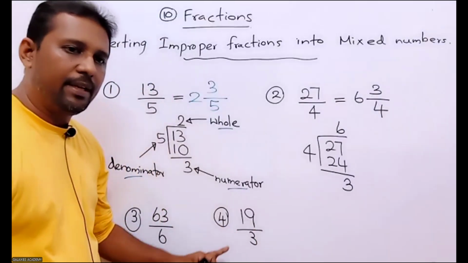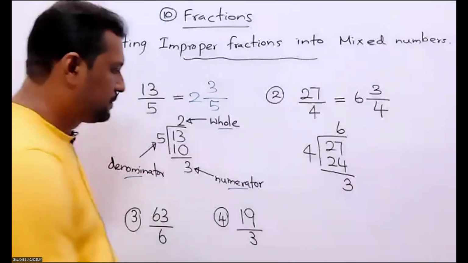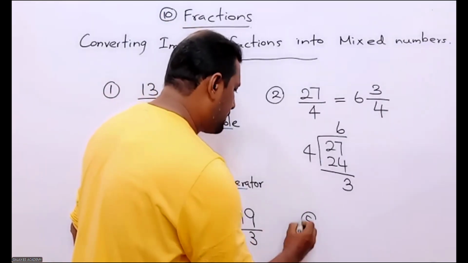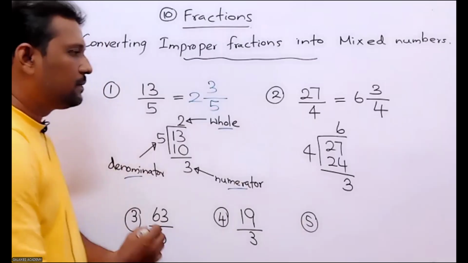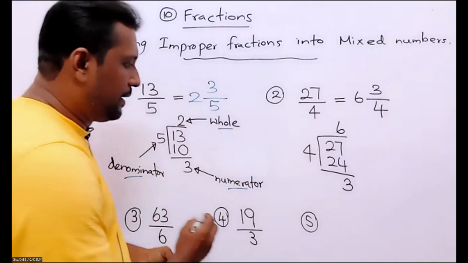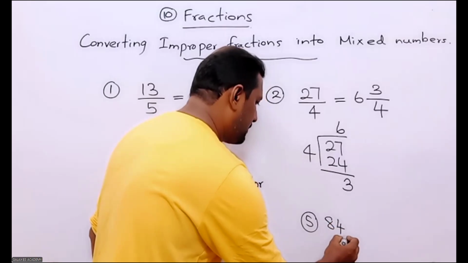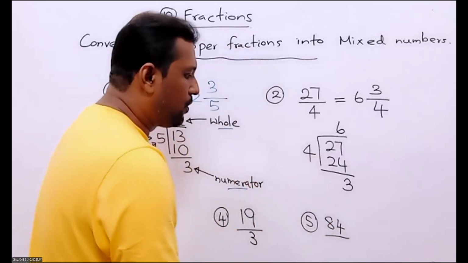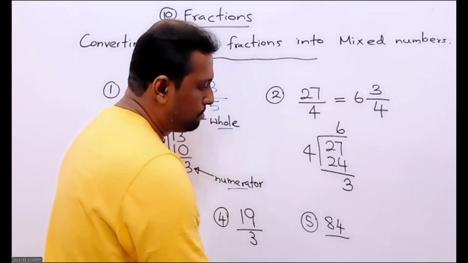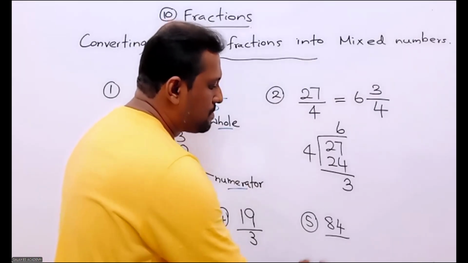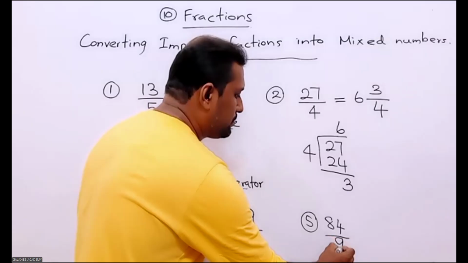Fourth one, 19 over 3. And fifth one, 84 over 9.